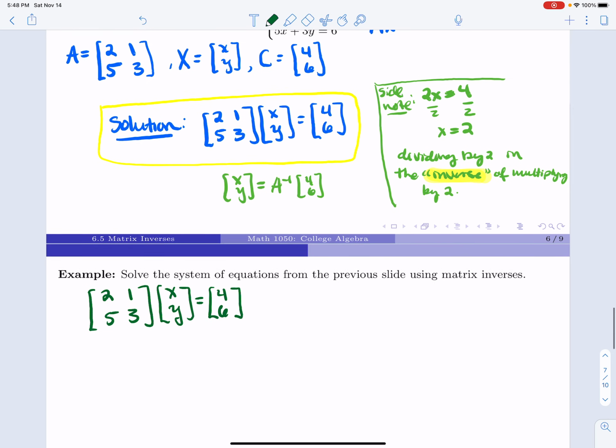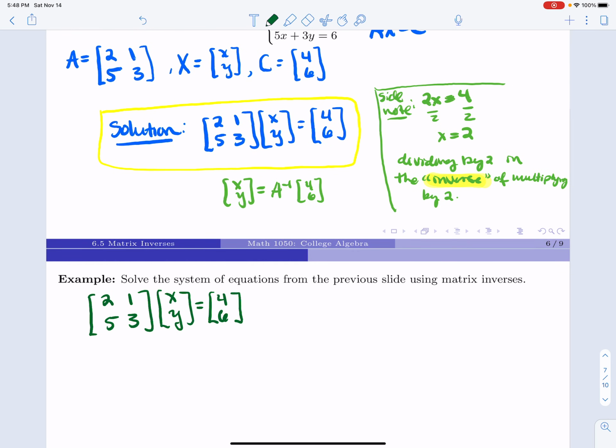And if A is this 2, 1, 5, 3 matrix, if you refer back to the first slide, we did actually find the inverse matrix of this matrix already. And we found that it was 3, -1, -5, 2.